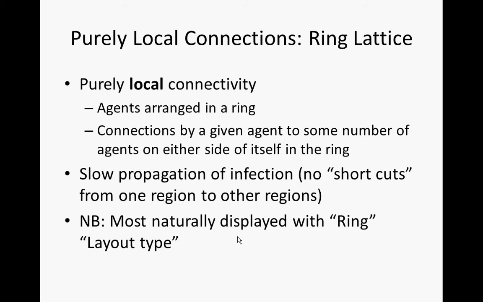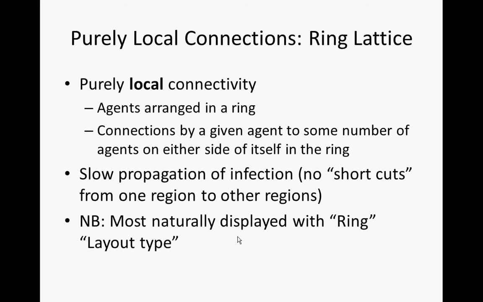Now, this is going to have very significant impact on something like contagion, such as infection spread. So you have slow propagation of that because you have no shortcuts from one region to another. In order to get from A to B, it has to pass through the successive members. If it's purely local connectivity one-to-one, you're only connected to your immediate neighbors, so it has to go through each person at a time.